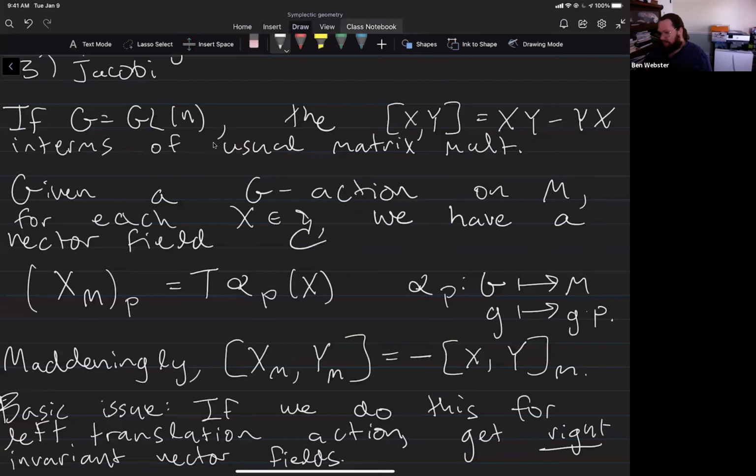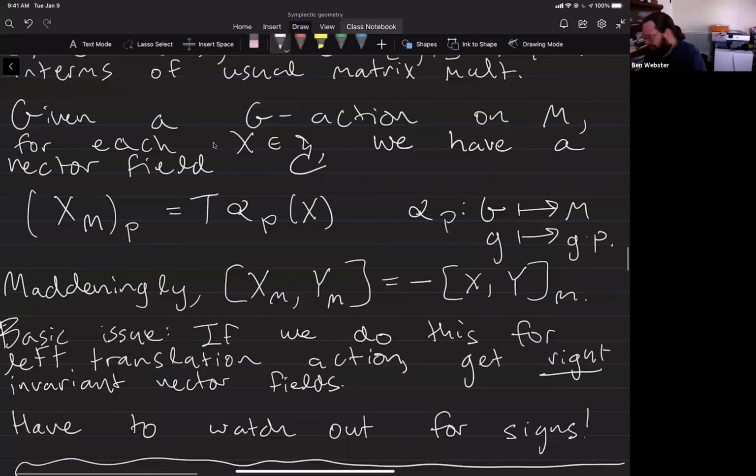There's a map from G to M, which is act on the point P. That's a smooth map of G into M, so it has a derivative, and I hit my element of the Lie algebra, thought of as a point in the tangent space, with it. That gives me a vector field X sub M for every element of the Lie algebra of my group.